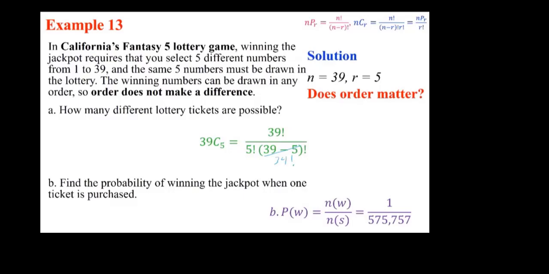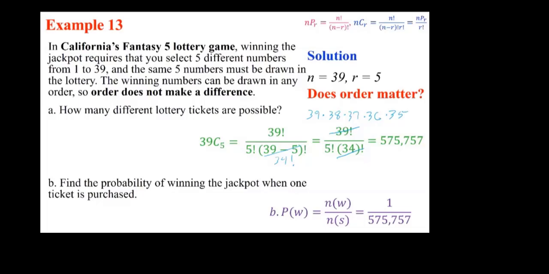Again, you're not expected to do this by hand, but if you were to, you keep the 34 factorial in the denominator, and the top becomes 39 times 38 times 37, 36, 35, and then you stop at 34. So this one cancels out this one, and it gives us 39 times 38 times 37 times 36 times 35.